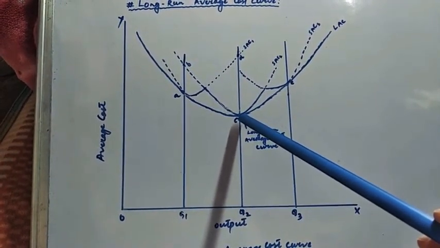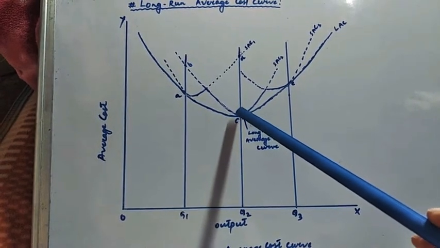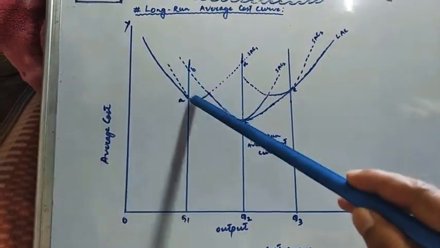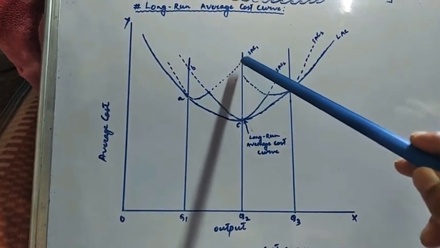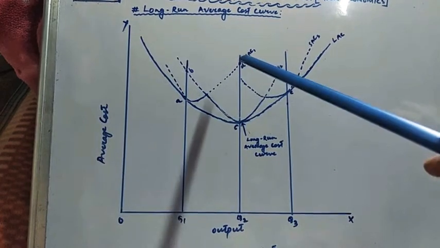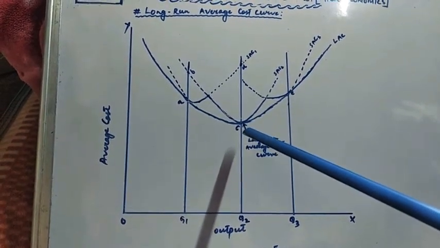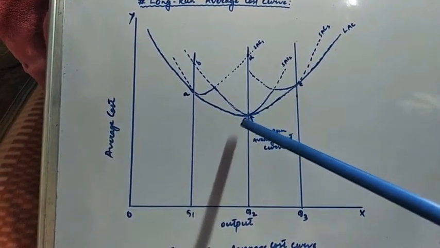But if a firm tries to select a smaller plant size, say SAC1, then average cost is at point D. So here Q2D is much greater than Q2C.